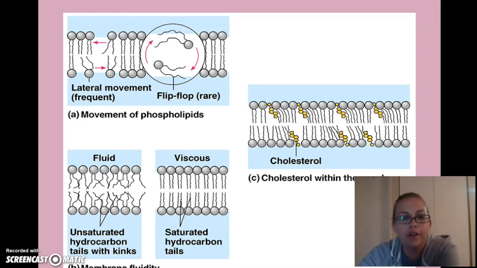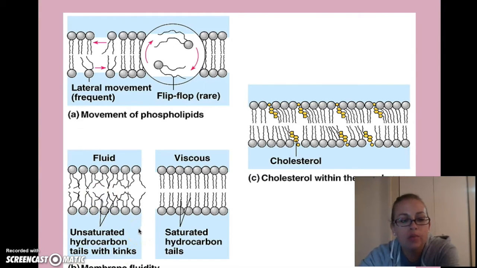So here we have a very rare example of how cells can maintain fluidity, and this is showing you're having a flip-flop of the top and bottom phospholipids. This is just showing lateral movement, so that happens quite often. The flip-flop, though, is pretty rare. Down here, this is showing the unsaturated hydrocarbon chains, and you can see they're all bent and have those crazy shapes to them.